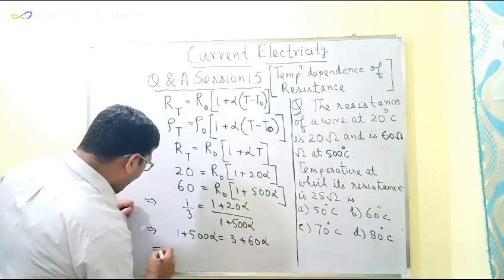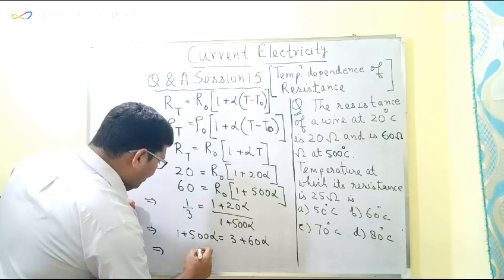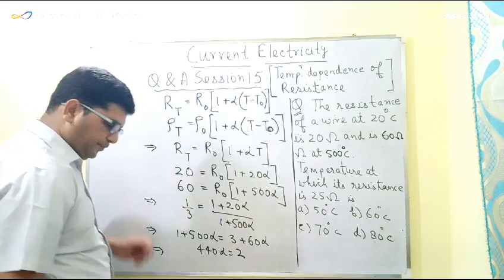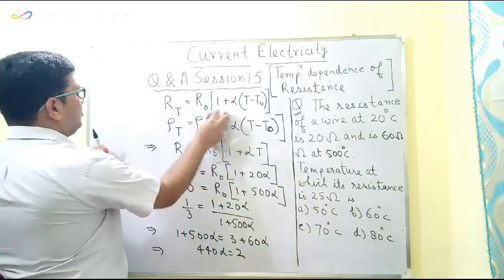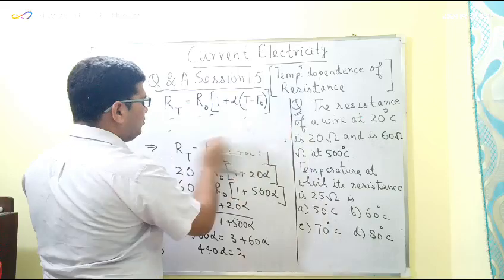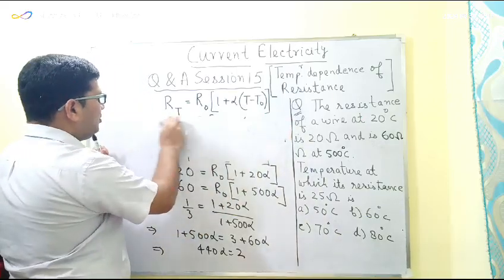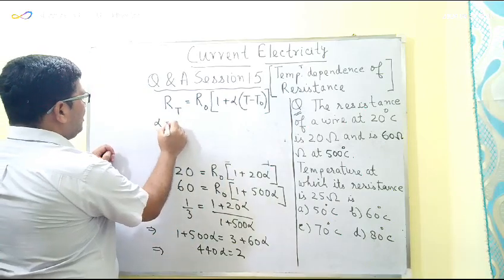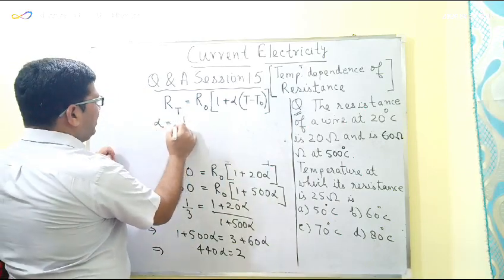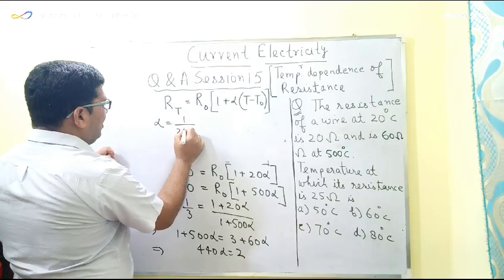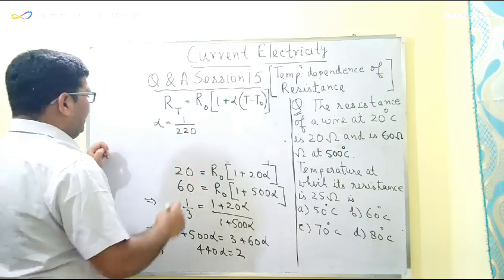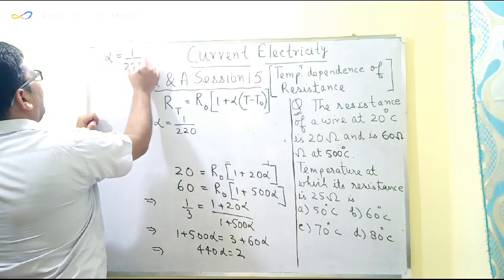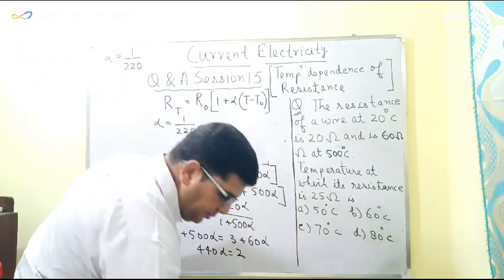So from here, 440 alpha is equal to 2. So alpha will be equal to 2 upon 440, or it can be written as 1 divided by 220. So I will just write this value here: alpha is equal to 1 divided by 220.